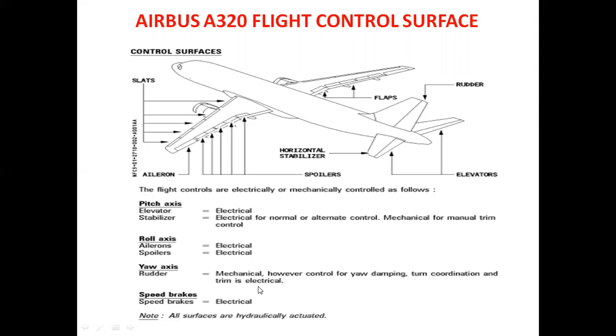Trimming is electrically controlled. Speed brakes are electrically controlled and hydraulically actuated. So this is all about the Airbus 320 flight control surfaces. Now we have a greater idea about how the flying control surfaces are controlled and how they are actuated.